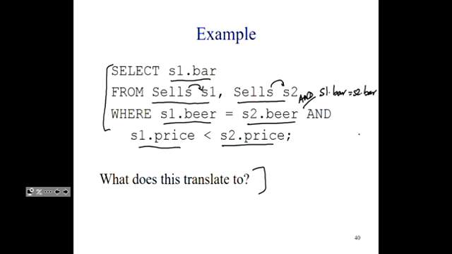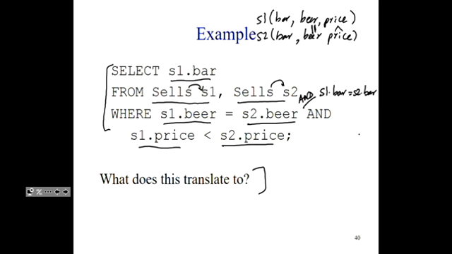So S1 has bar, beer, price. S2 has bar, beer, price. Those are the three attributes for S1 and S2. And then in the where clause I've said S1.beer is equal to S2.beer, and S1.price is less than S2.price.